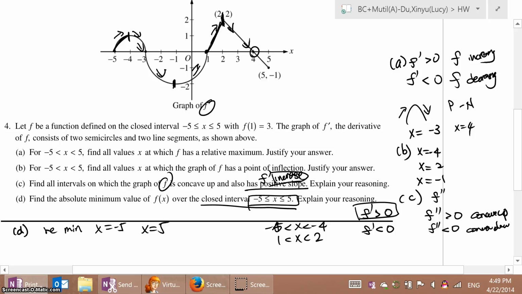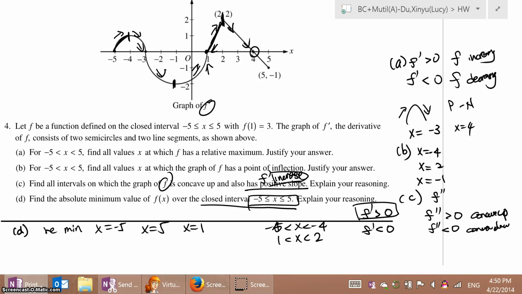In part A, we did find a relative maximum, and we know that a maximum is where the sign changes from positive to negative. In the same way, finding a minimum is where the sign changes from negative to positive. So it only occurs at x equals 1. So those are the 3 possible points for an absolute minimum.